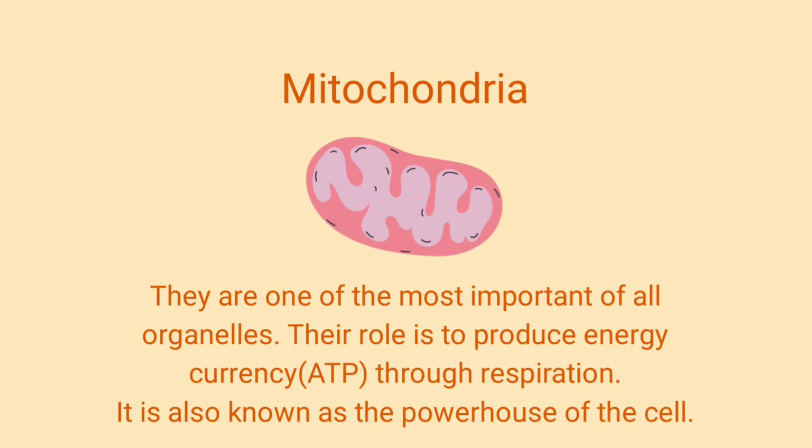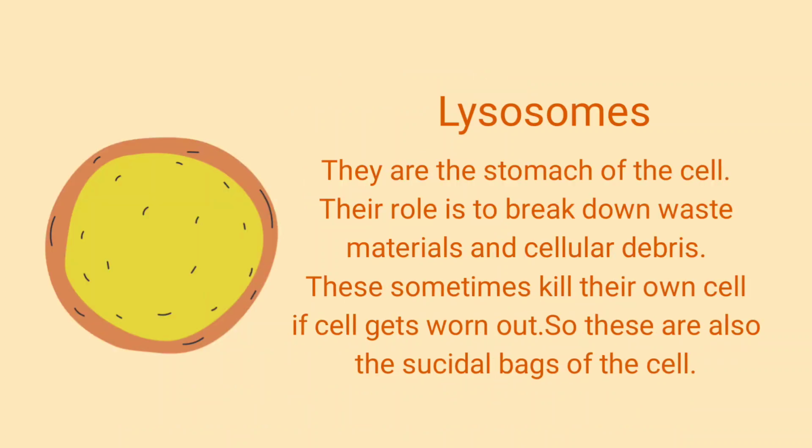Next cell organelle is lysosomes. Lysosomes are the stomach of the cell, we can say, as they help in digestion and also help to break down waste materials. Lysosomes sometimes kill their own cell if the cell is not functioning properly, so they are also known as the suicidal bag of the cell.